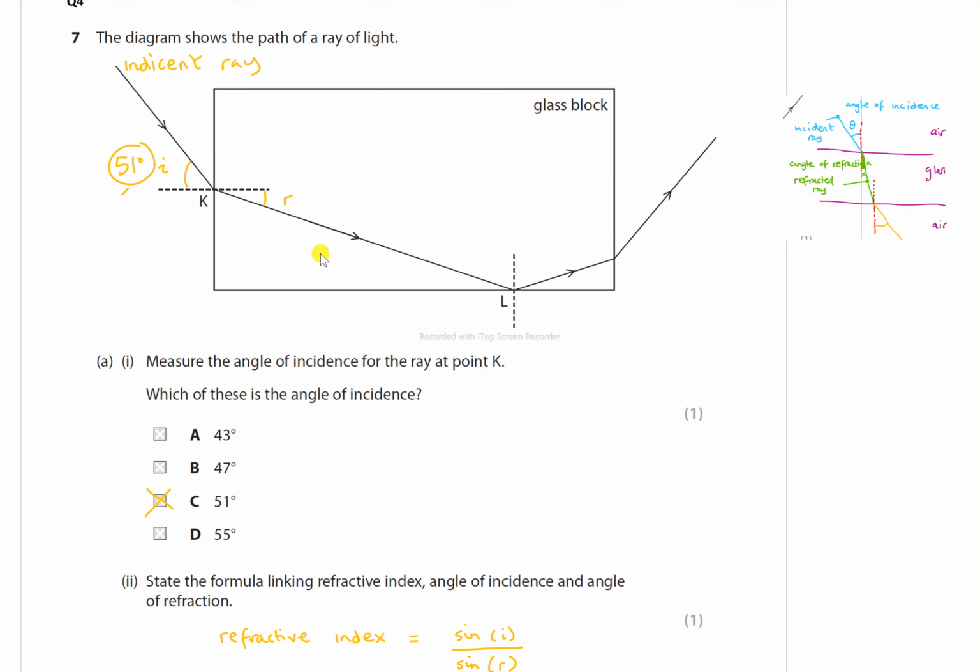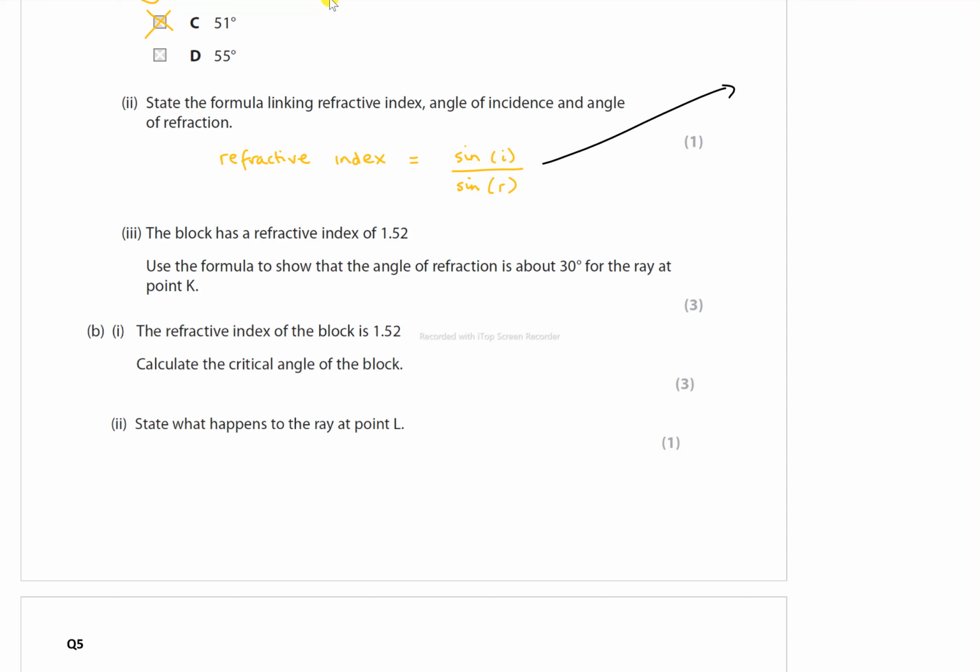Right, so let's go through this. So what you do is you write refractive index is 1.52 equals the sine of 51 degrees over the sine of R.